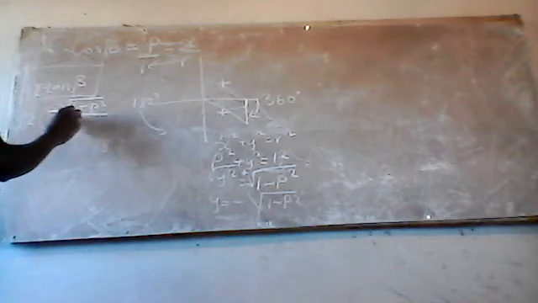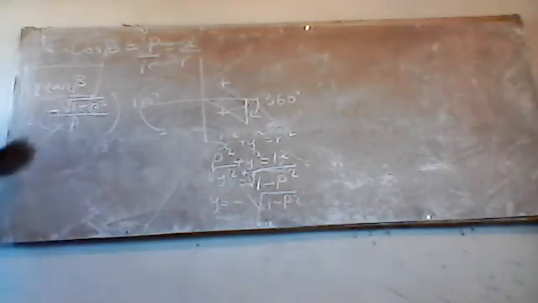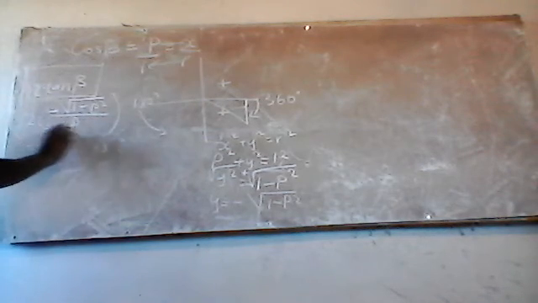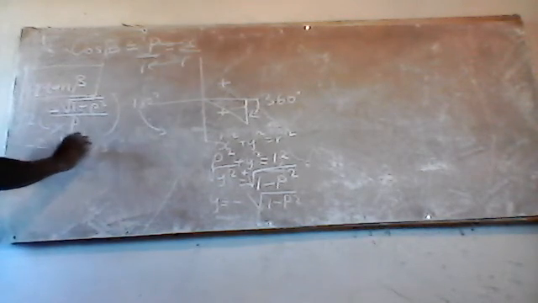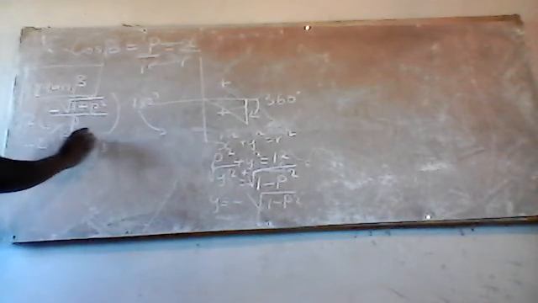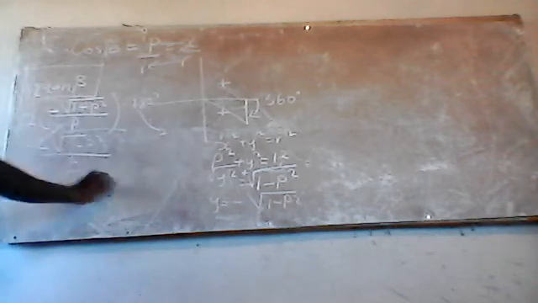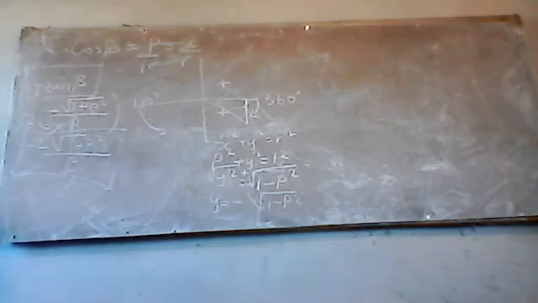My x is actually p. So multiplying through it, you'd get minus 12 root of 1 minus p squared, divided by p. So that would be the value you are asked for.